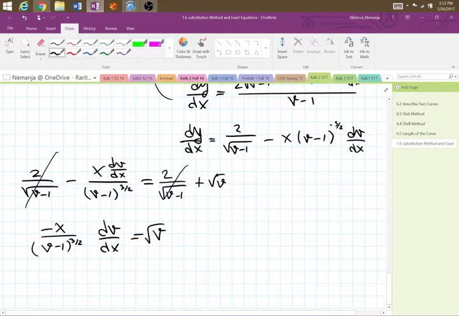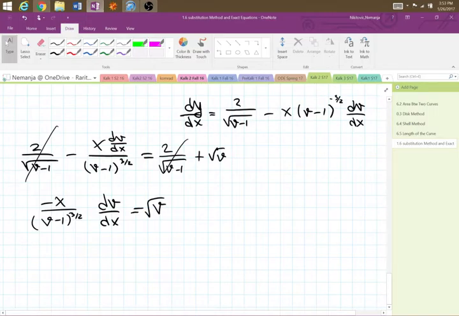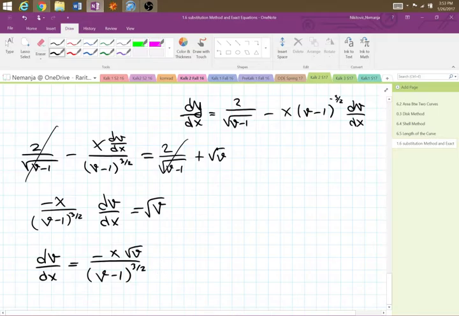You multiply both sides by the flip of this to cancel it. So dv/dx is equal to negative x over (v minus 1) to the 3/2, and then there is a root v on top.